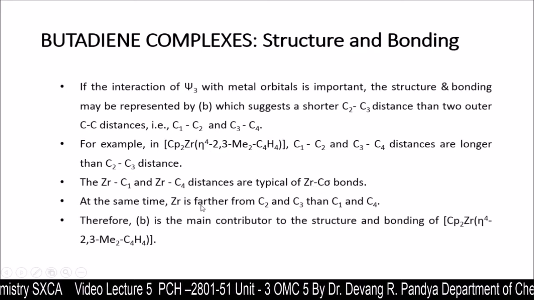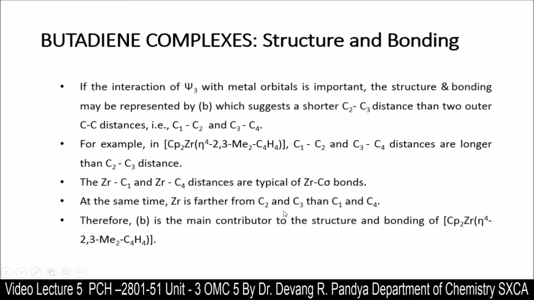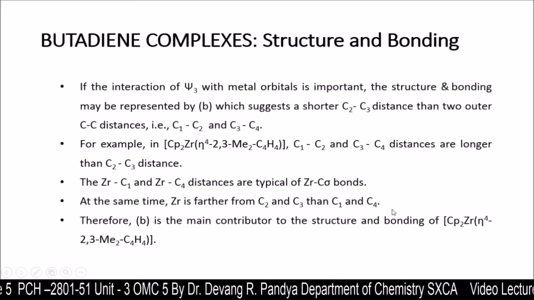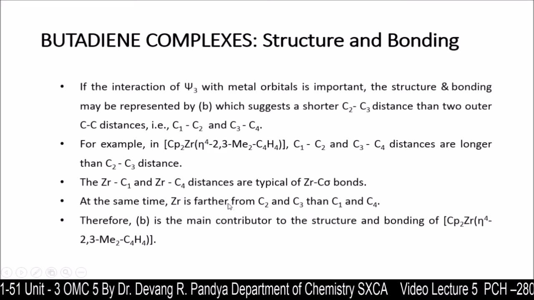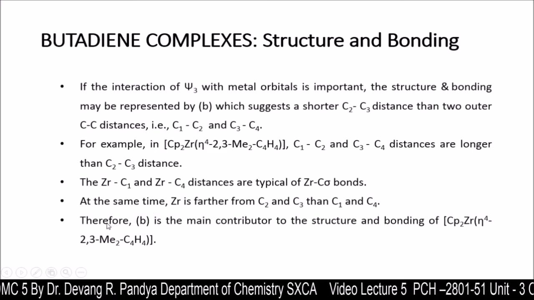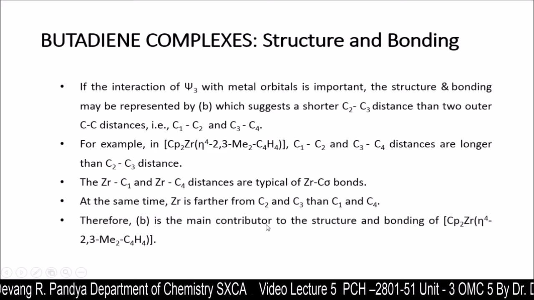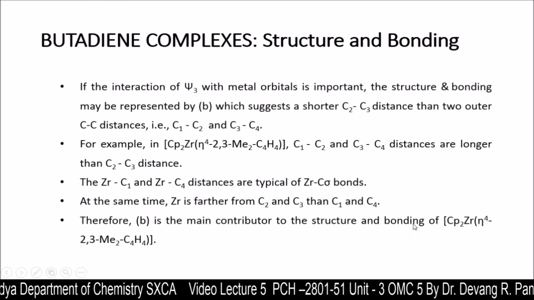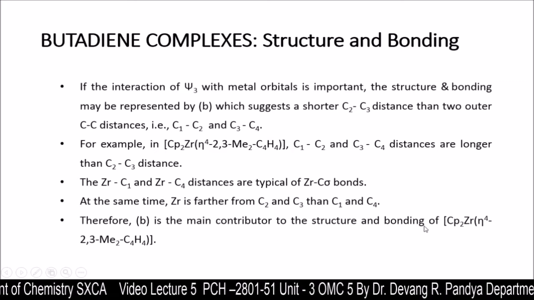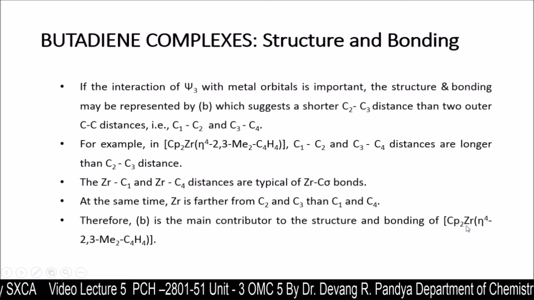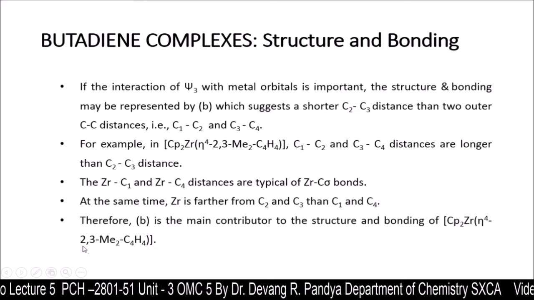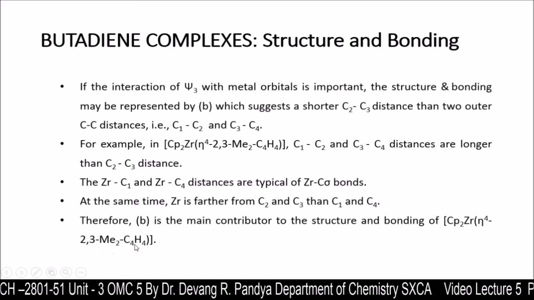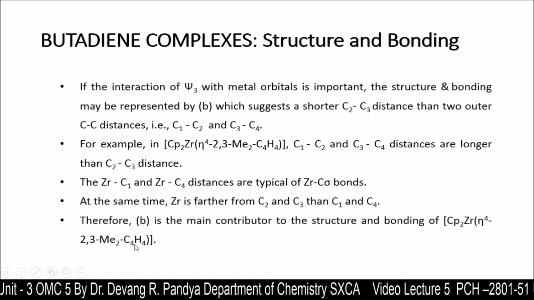At the same time, zirconium is farther from C2 and C3 than from C1 and C4, and hence C2-C3 is a shorter one. Therefore B is the main contributor to the structure and bonding of bis(cyclopentadienyl)zirconium 2,3-dimethyl-1,3-butadiene.